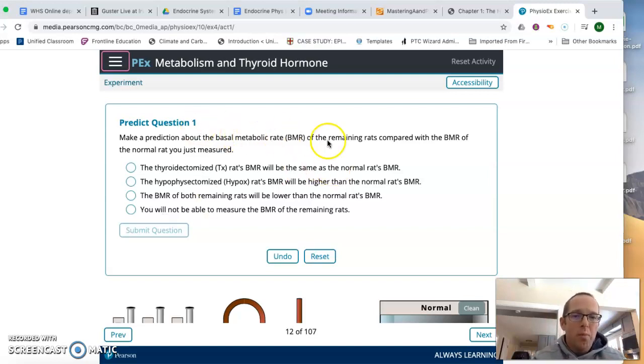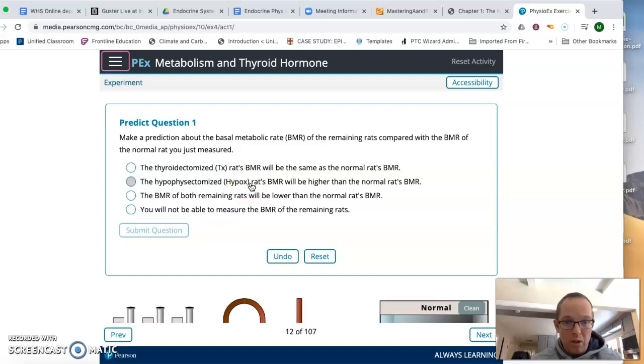The remaining rats, so one rat is thyroidectomized, which means that its thyroid will be removed. We've talked about the role of thyroid hormones in metabolism, so you can probably predict what's going to happen. The other rat will have its pituitary removed, and we remember that pituitary hormones, such as TSH, for example, stimulate other glands.